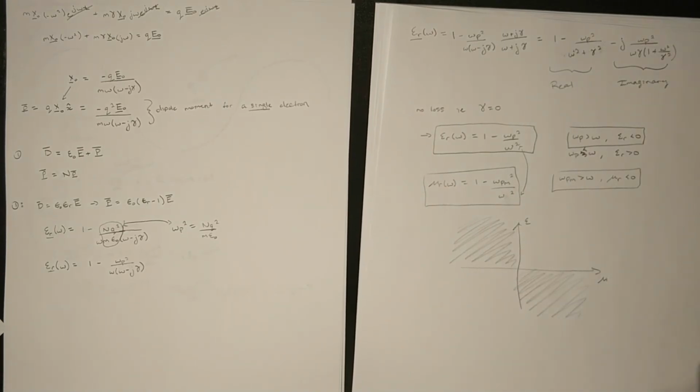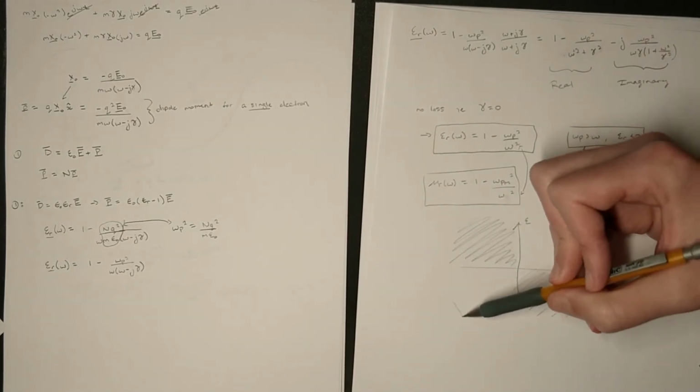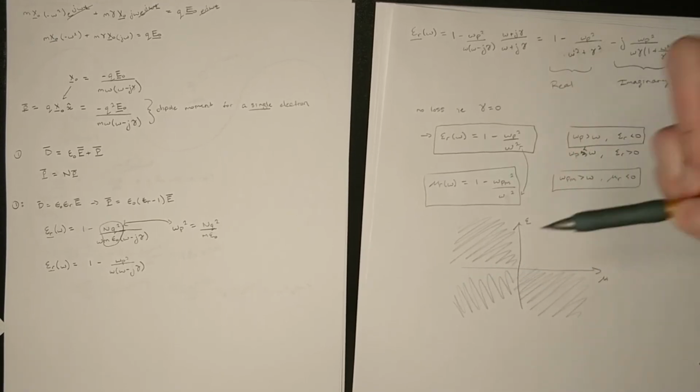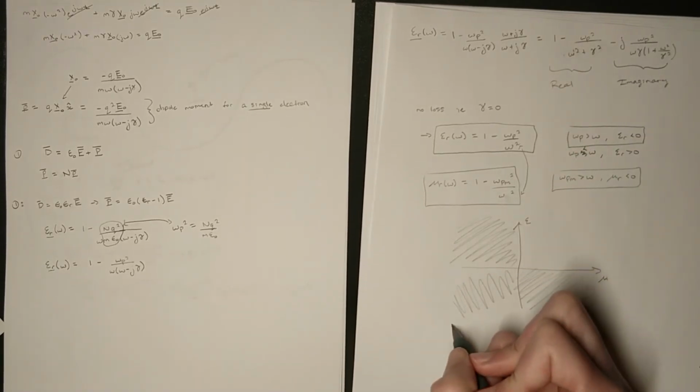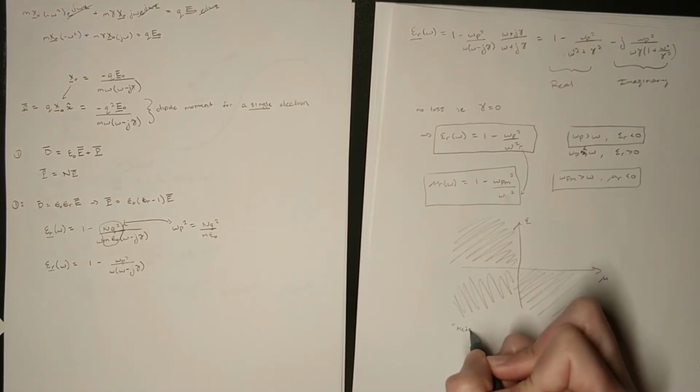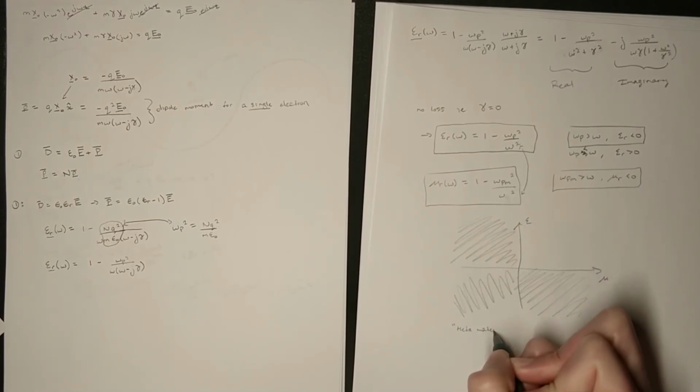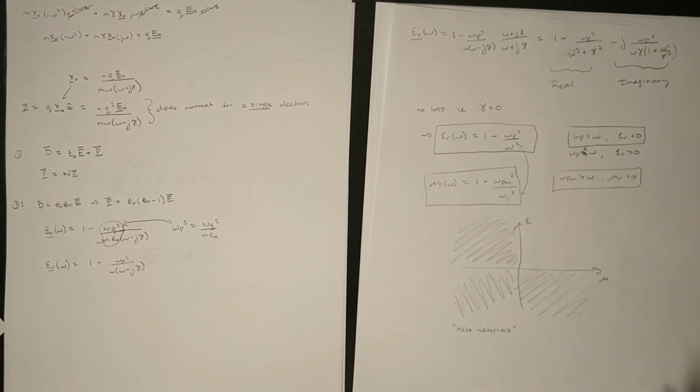The more interesting category is actually this area here, as this is the home for what we call metamaterials, which are materials that are not actually present in nature, but have been manufactured in such a way that we can create a permittivity and permeability that are negative.